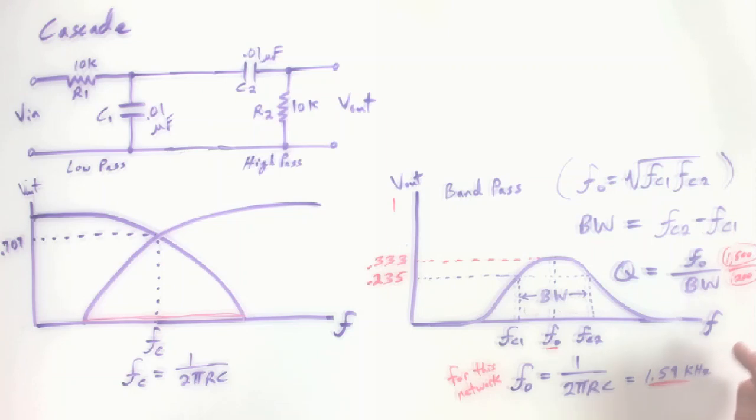But in contrast, picture a bandwidth of 200 hertz, but you're down at a lower frequency. A bandwidth of 200 is not going to be very selective if you're sitting down here at, we could just say, 100 hertz as your center frequency.